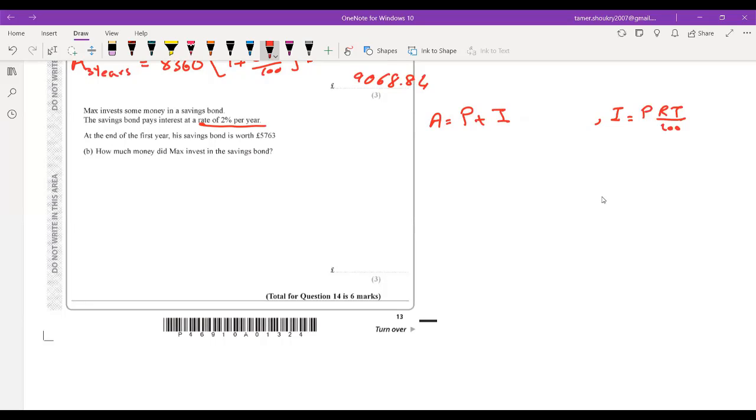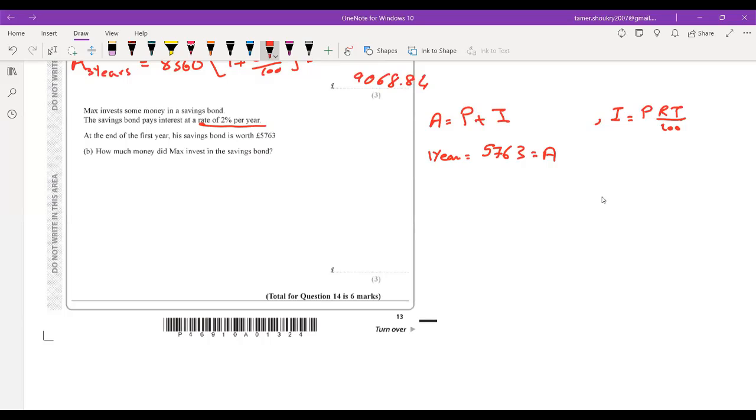Return back to the question. At the end of the first year, his saving bond was 5,763. This is the amount after the first year.